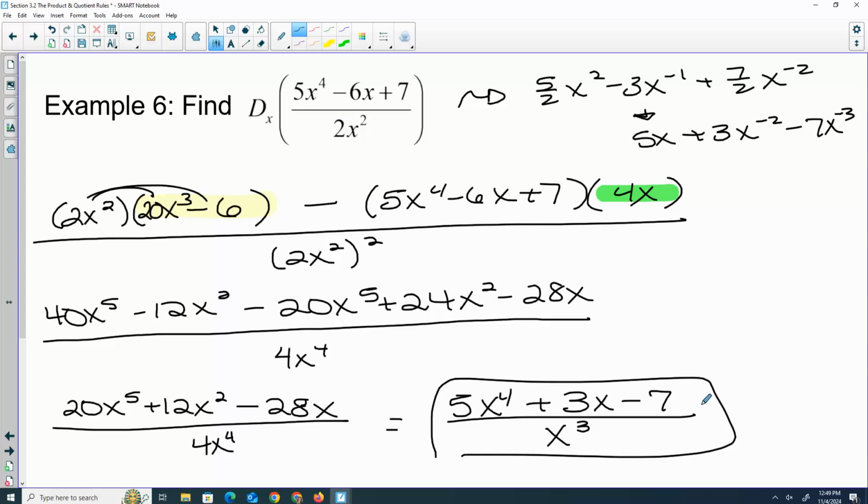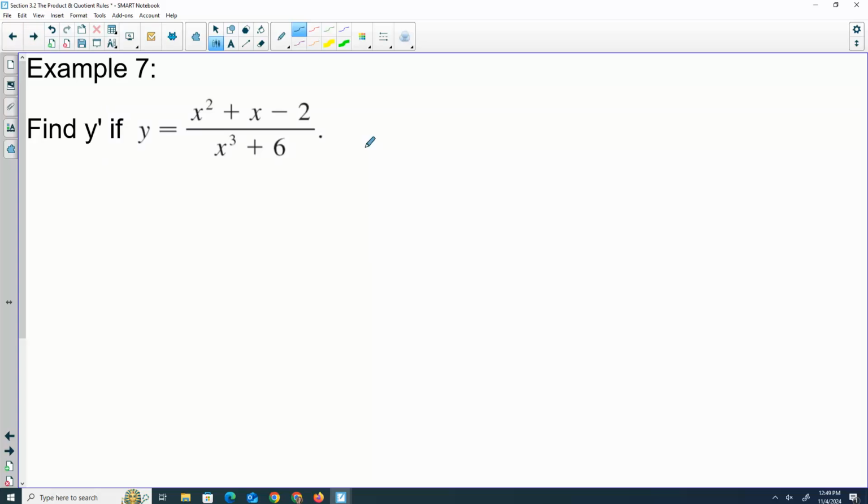If I gave you this one, could I simplify this problem first? No, because I have more than one term on the bottom, so I have no choice but to do the quotient rule.